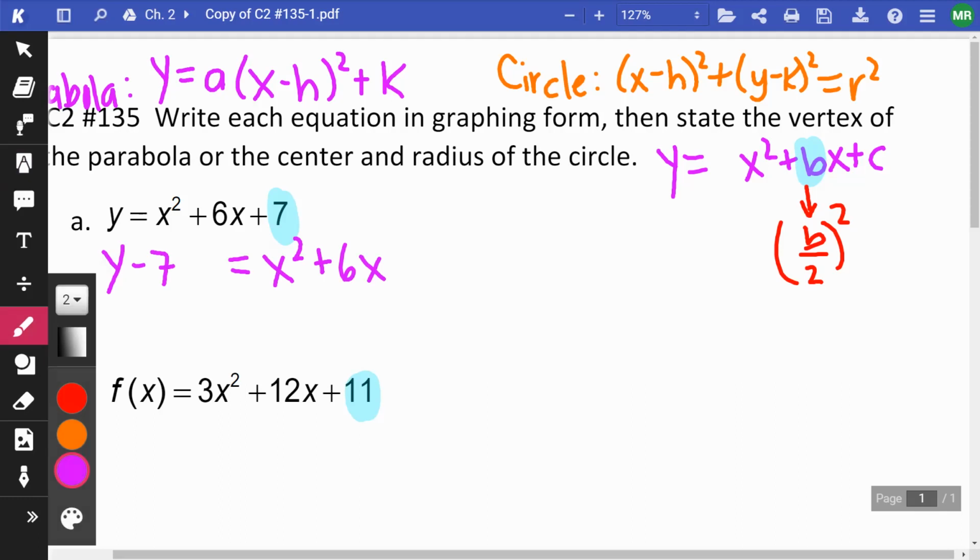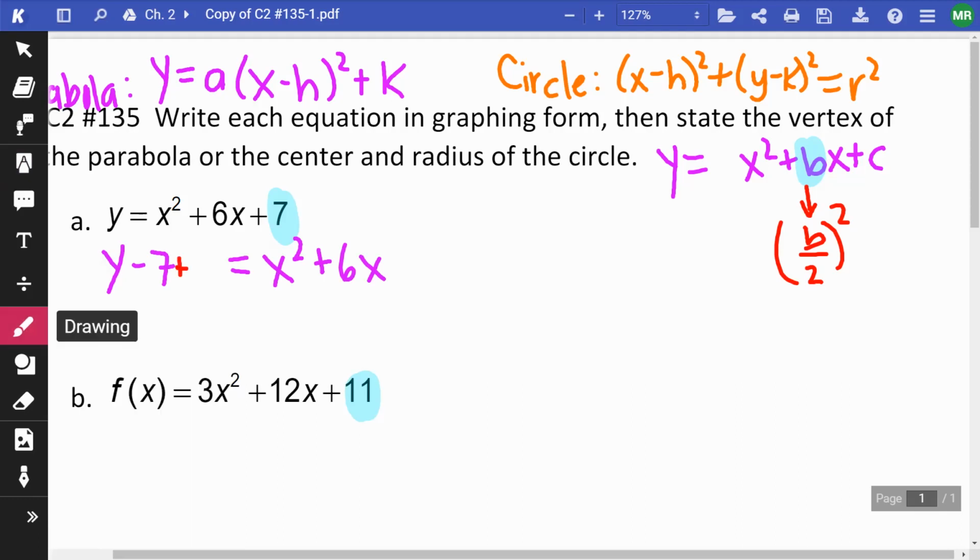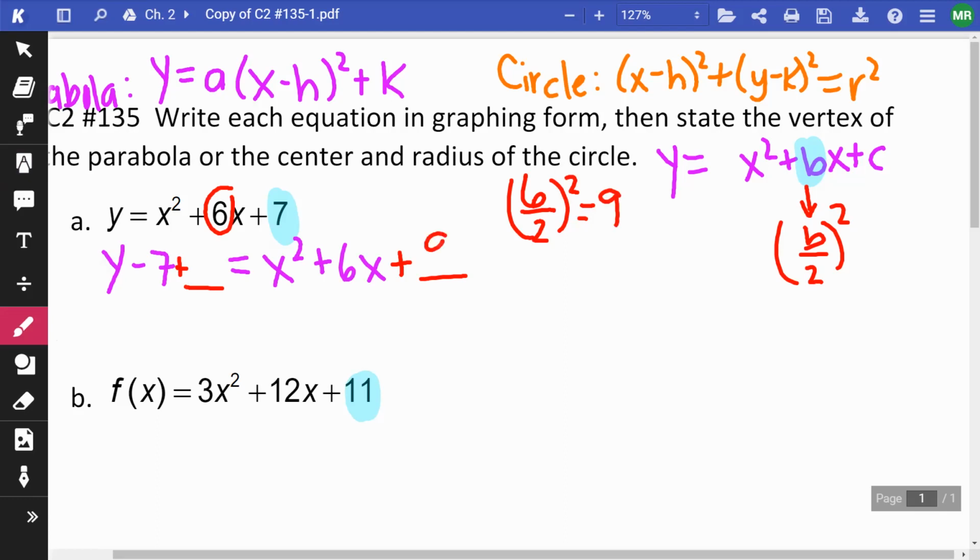And now I need to figure out what I am adding to both sides. And so I am going to take my b, and I'm going to divide it by 2, and then I'm going to square it. So that's going to be 3 squared, which is 9. So I'm going to add 9 here, and I'm going to add 9 here to make it into a perfect square.